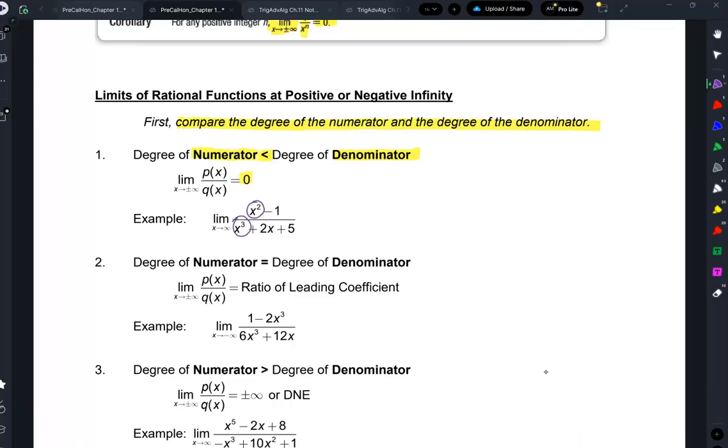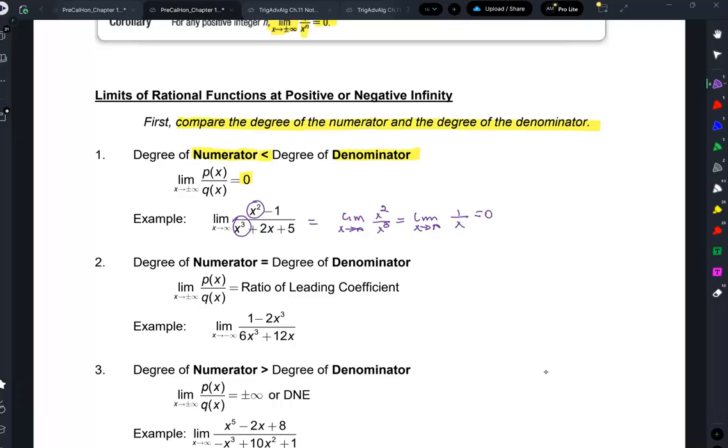Compare this. This is equal to the limit as x approaches infinity of x squared over x cubed, which is the limit as x approaches infinity of 1 over x. And I know that when x gets infinitely large, 1 over x will be equal to 0.